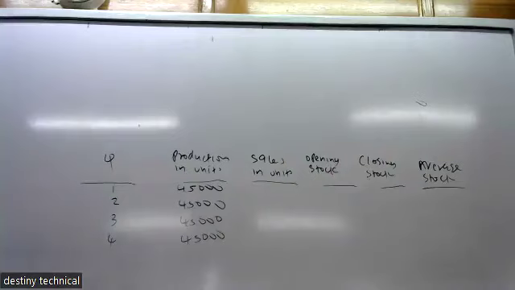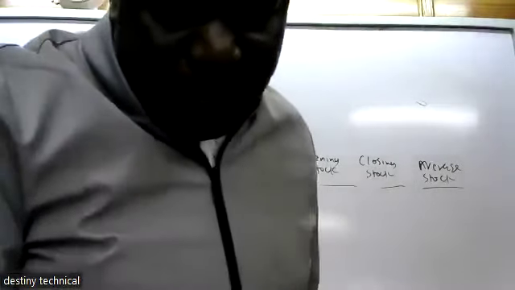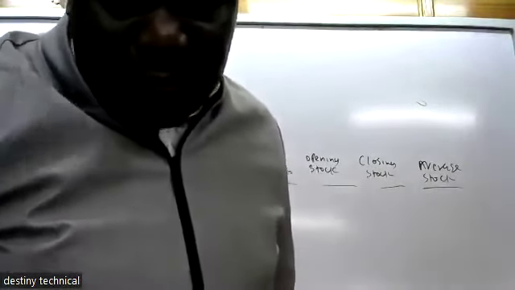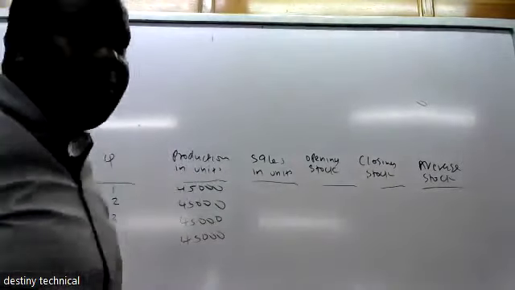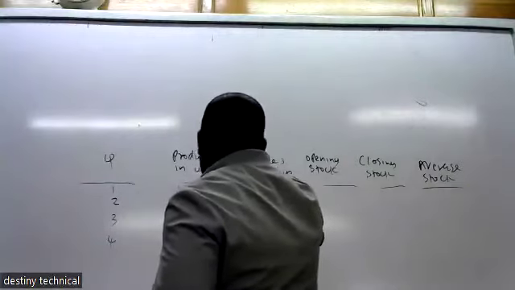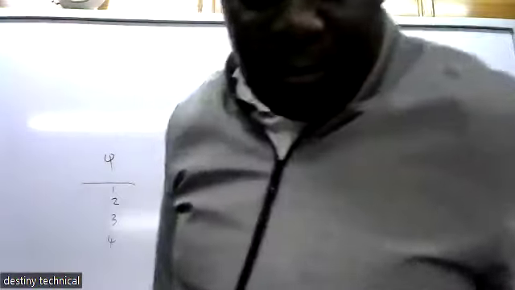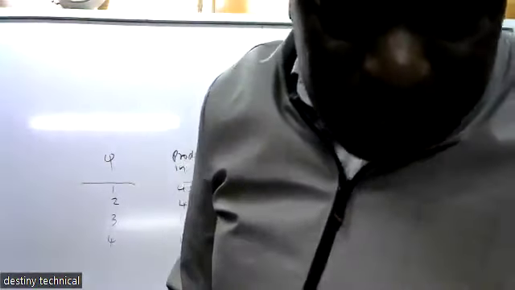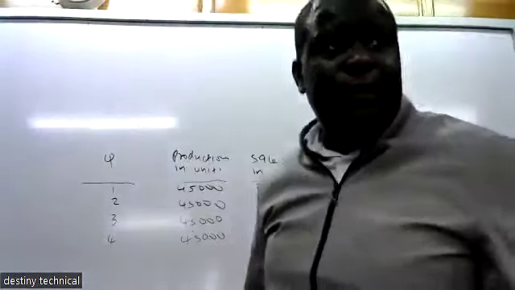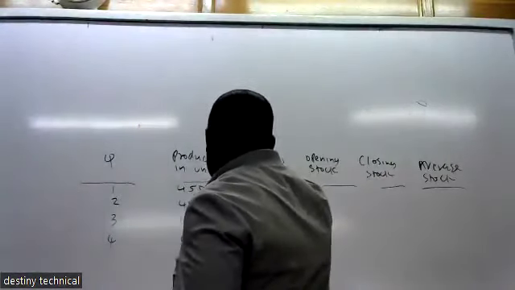Then you had also been given the sales in units. The first one is 33,000. The second one is what? 48.